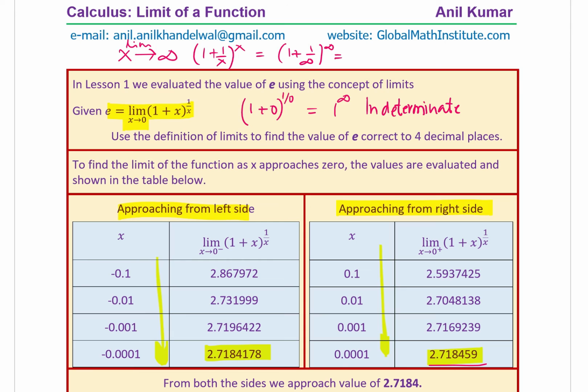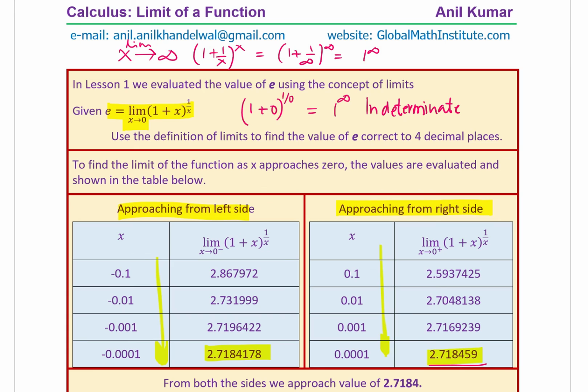Now this is 0, so we get 1 to the power of infinity again. So both are similar forms. So the fourth form of indeterminate is 1 to the power of infinity. So to conclude, the indeterminates basically have 4 different forms. That's important to understand.